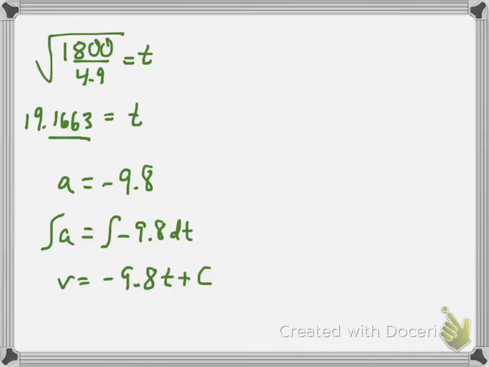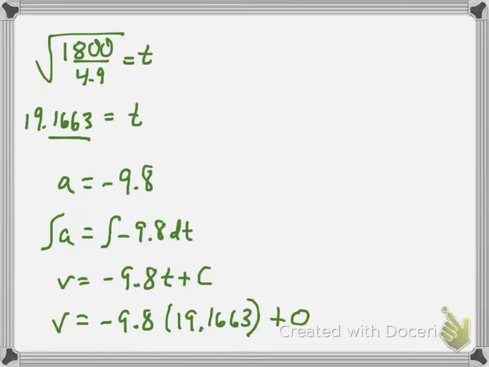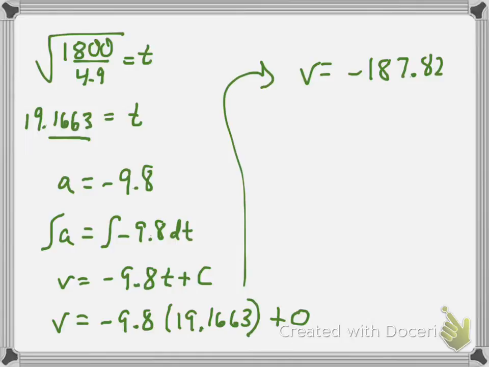And so our velocity can be calculated by taking negative 9.8 times the 19.1663, and we can calculate that and multiply by negative 9.8, and we get your velocity as negative 187.8297.